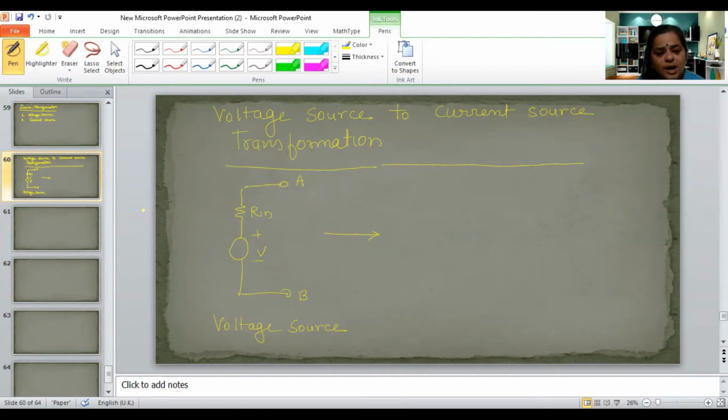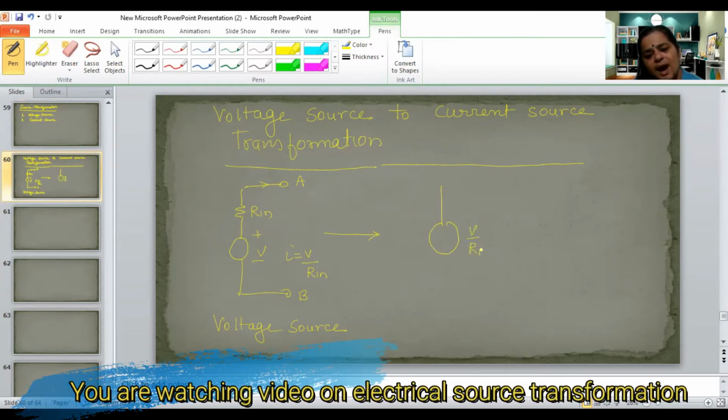So if this is a voltage source of V with internal resistance Rin, and it delivers the current I, then what will be the magnitude of this current I? That is V by Rin. That means it will be converted to a current source of V by Rin.